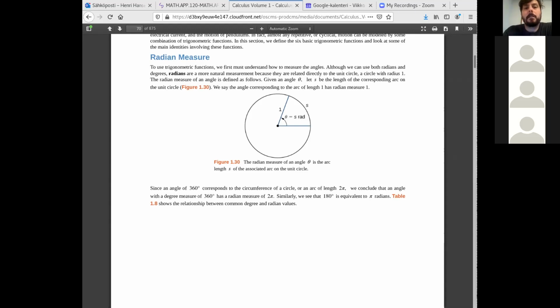So we usually use the unit circle to define these trigonometric functions. They're called trigonometric functions because they are functions pertaining to the triangle.